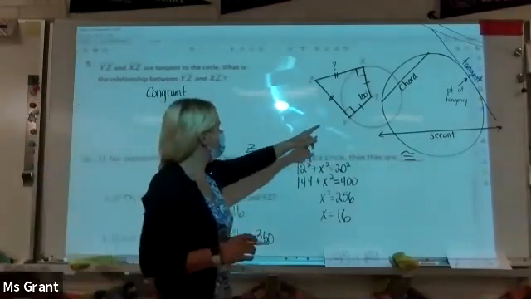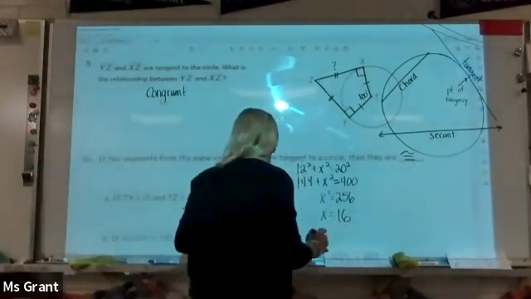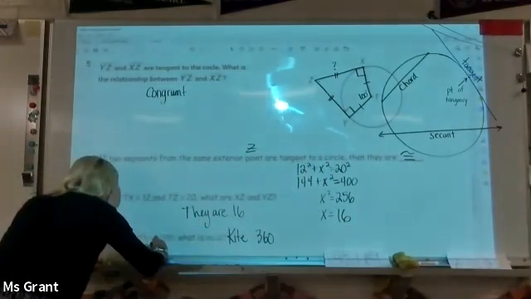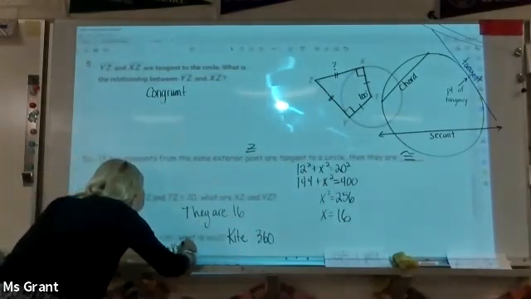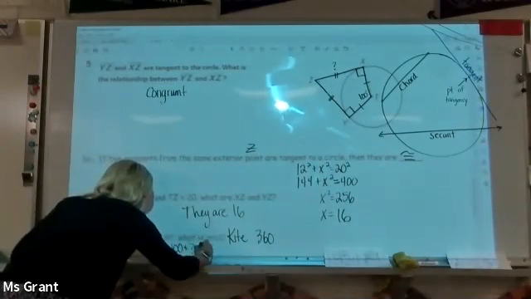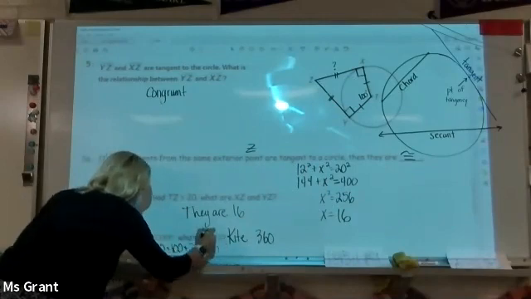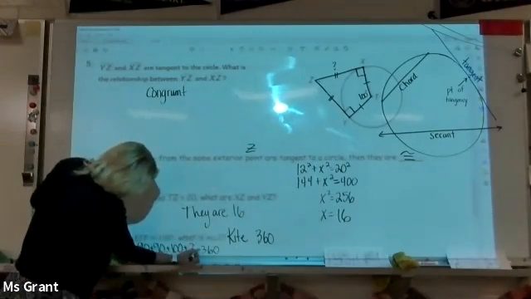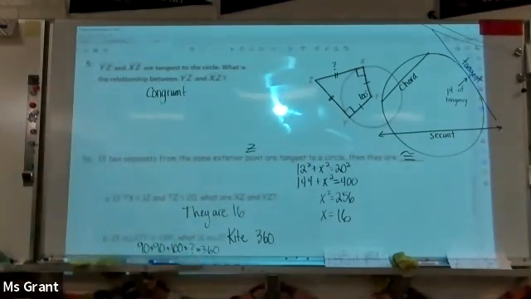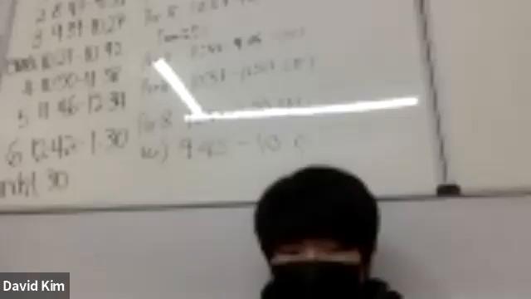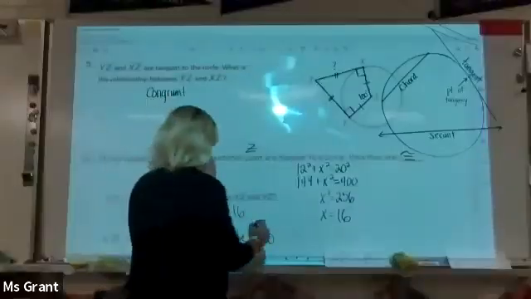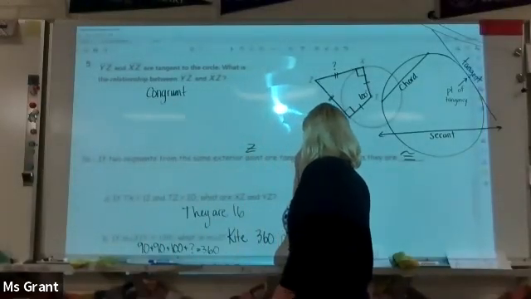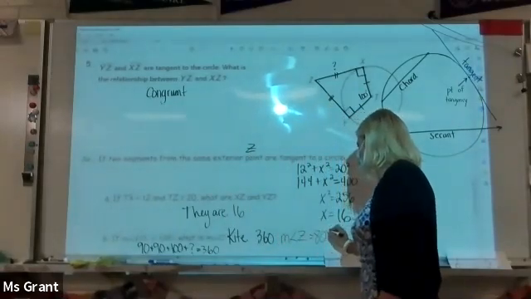I got a 90 degree, a 90 degree, a 100 degree, and I don't know the last one. 90 plus 90 plus 100 plus what equals 360? What's the missing angle? Angle Z. 80. The measure of angle Z is 80 degrees.